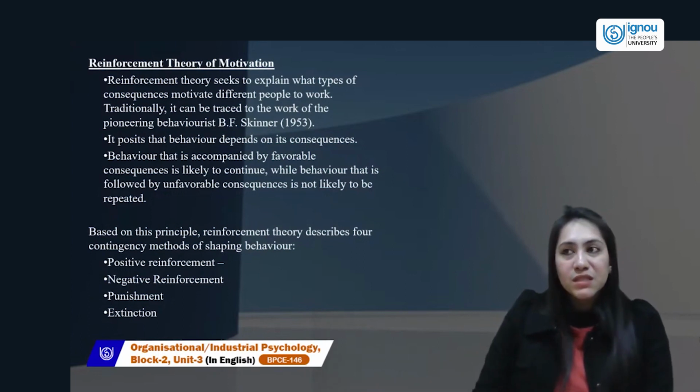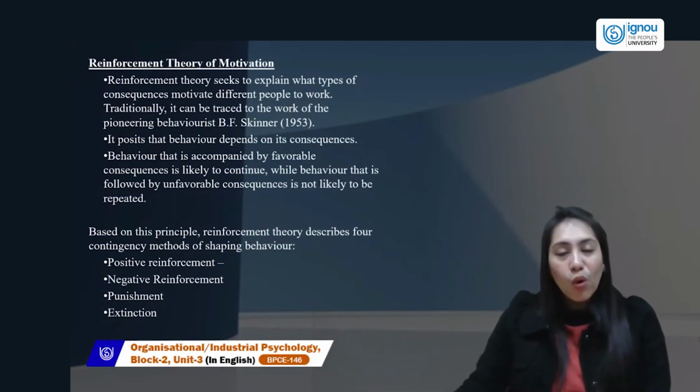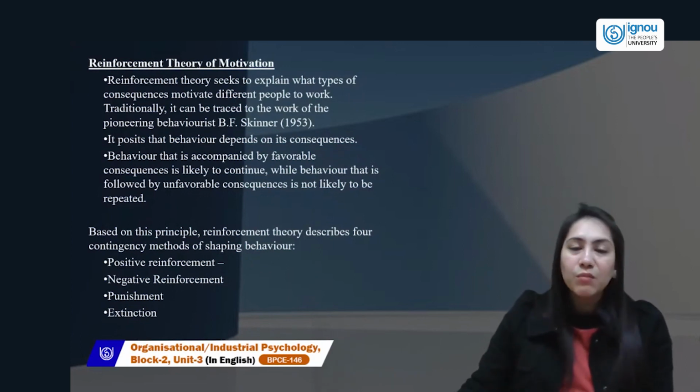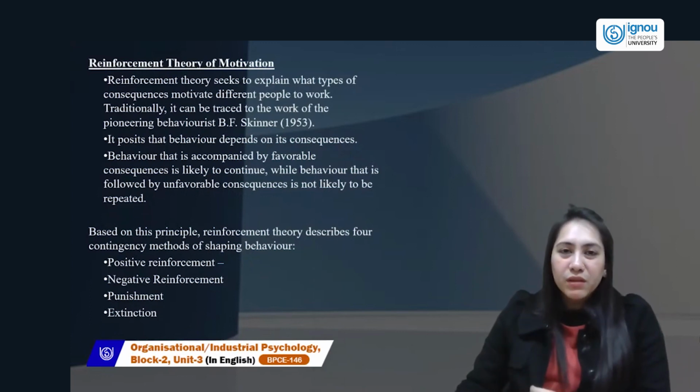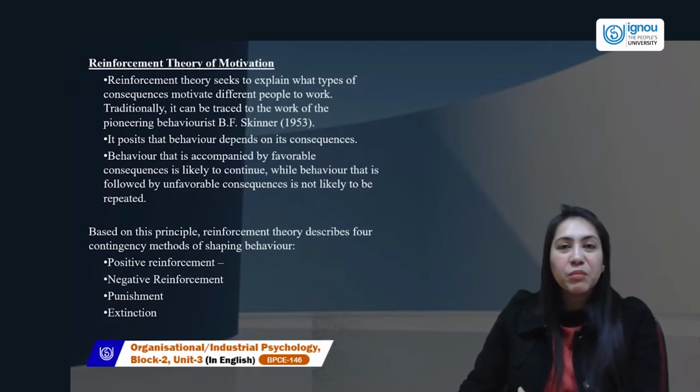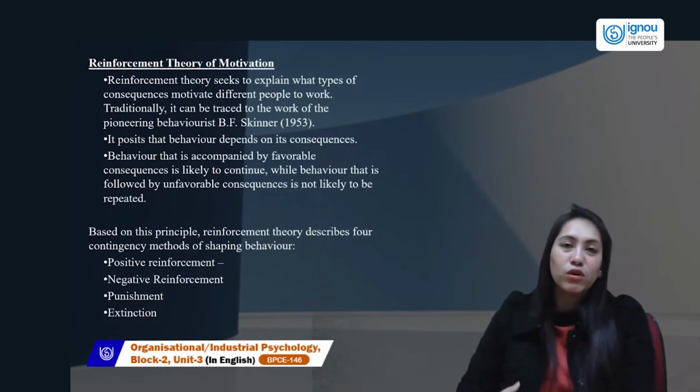Negative reinforcement is the achievement of the desired behavior by escaping unpleasant stimuli. You don't want to be among the late people, the people who are always giving their tasks late. You don't want to be a part of it.